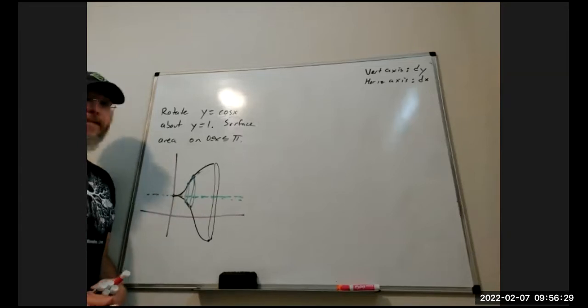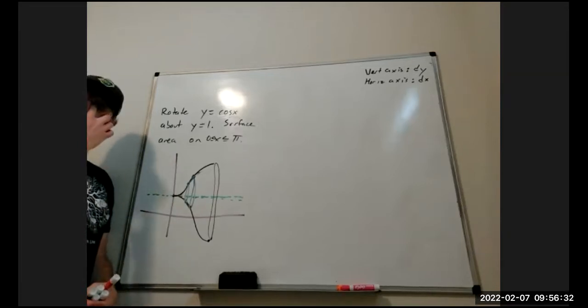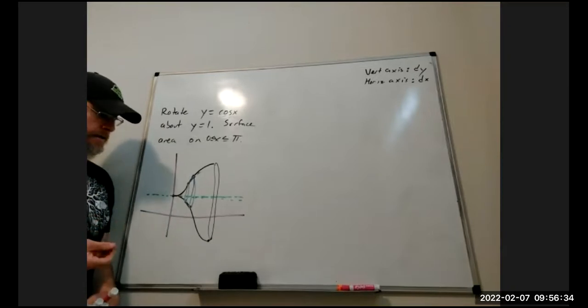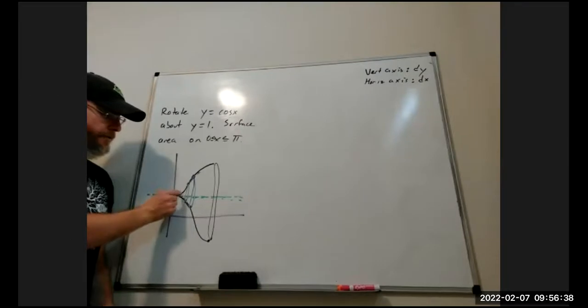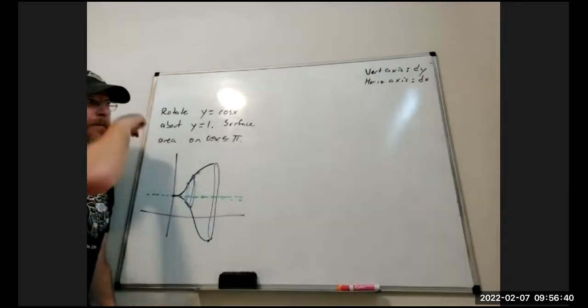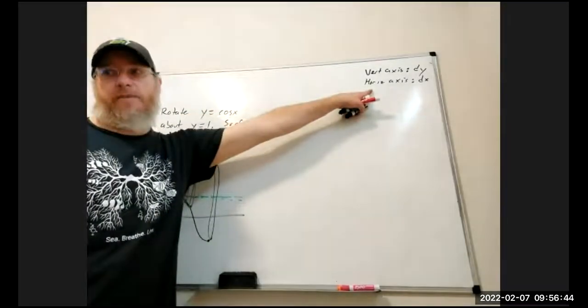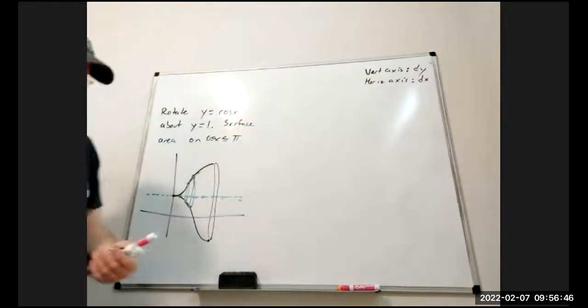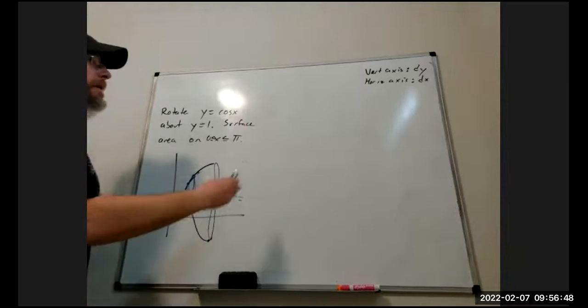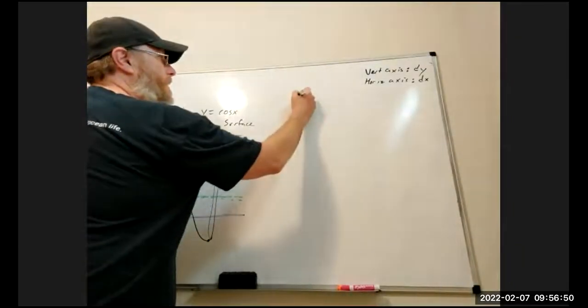Okay, so do we want dx's or dy's? dx. Yep, this is going to be a dx because we're going in that direction. Or we can come back to, we were going around a horizontal axis, so we're going to use a dx.